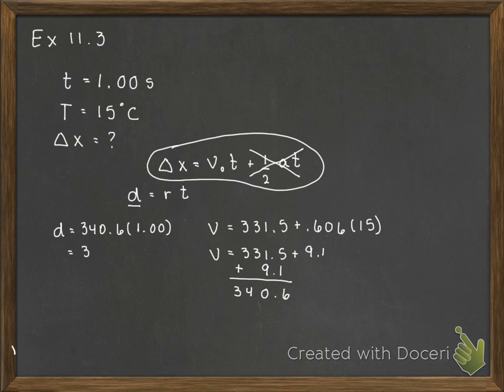So we don't even need the calculator for that to say that the distance was 341 meters. The lightning, therefore, was formed 341 meters away from the physicist.